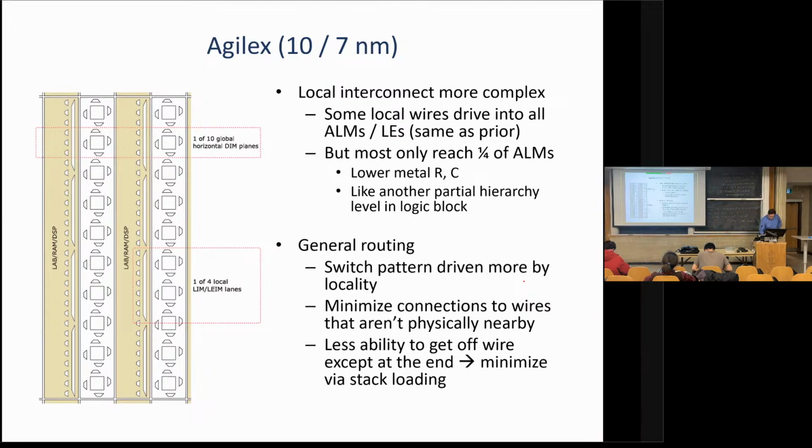So they've basically got 2 different kinds of local interconnect now. Some that only spans like 2.5 of their ALMs or BLEs, and some that spans the whole height of the logic block. So as I mentioned before, it's kind of like another level of hierarchy in the block, or a partial hierarchy. So the local interconnect is getting a bit more complicated to deal with metal resistance effects.